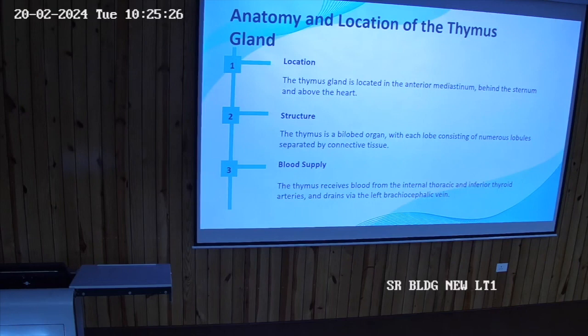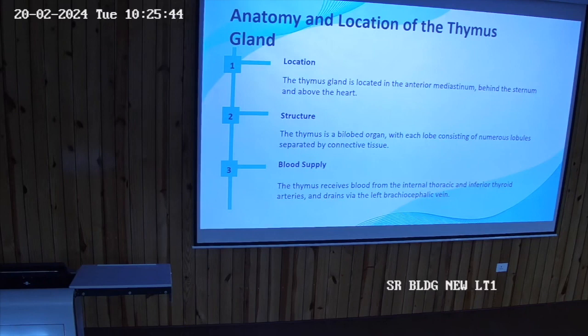Another is liver, hepatic stage. Okay, that is the site where the further hematopoiesis takes place. Okay, then after birth it is in the bone marrow, that is the red bone marrow.